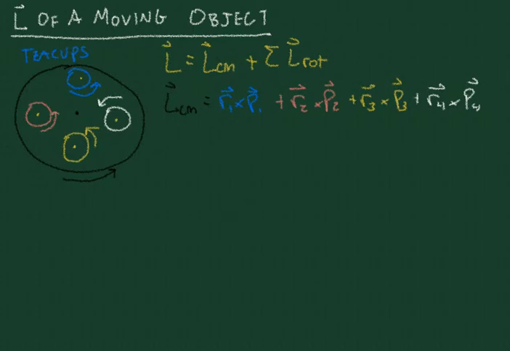And so remember that each one of these is moving with some speed. This whole thing's moving in a circle, so this is moving with some speed, v. But remember that v is just equal to omega r.